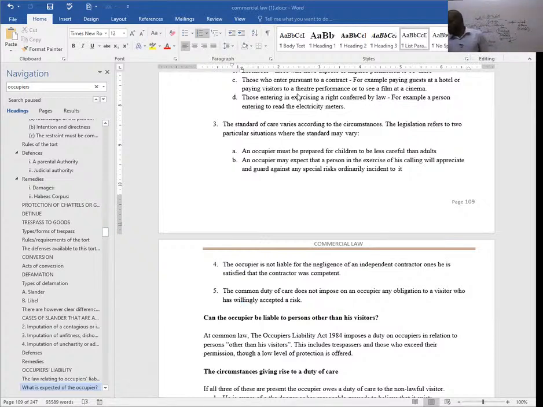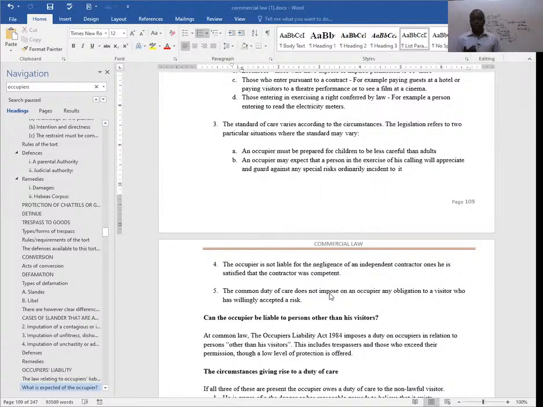So that is, in a nutshell, what we mean by occupier's liability: an occupier of a property or of land has a responsibility of ensuring the safety of those who are visiting the premises. So he has a duty of care to ensure those coming to the land, premises or property are actually very, very safe.